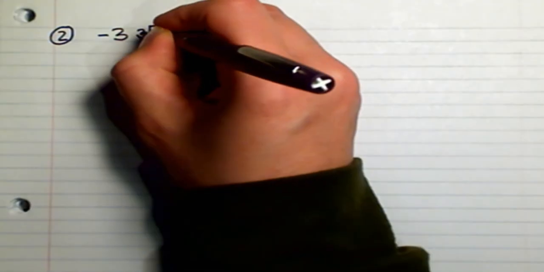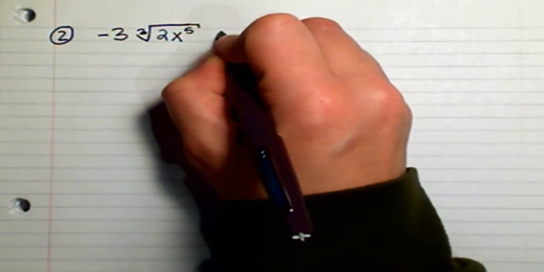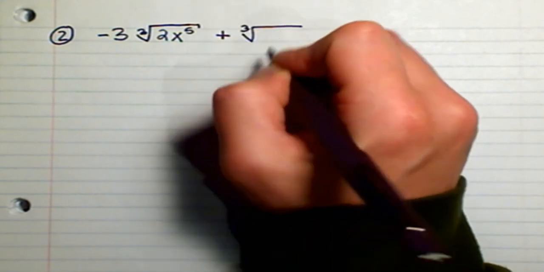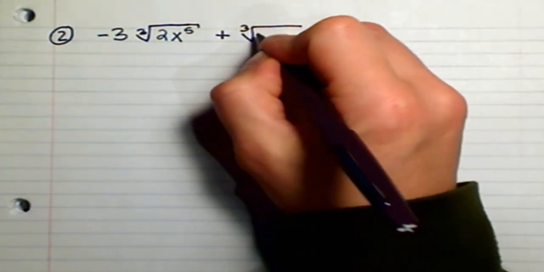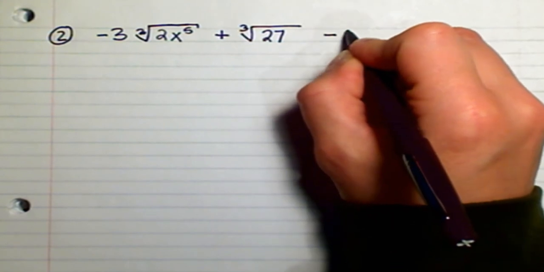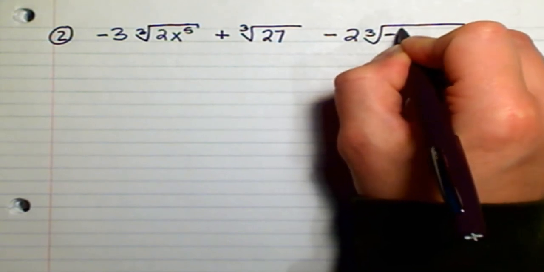Number 2. This time, let's do negative 3 cube root of 2x to the 5th, plus the cube root of 27, minus 2 cube root of negative 16x squared.